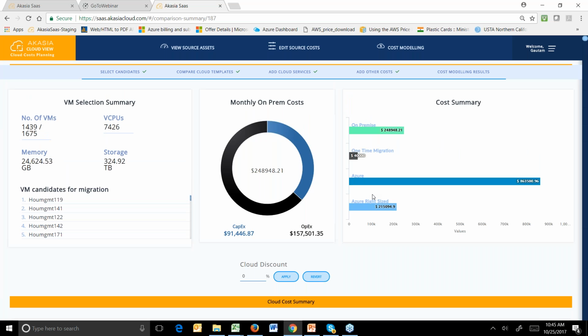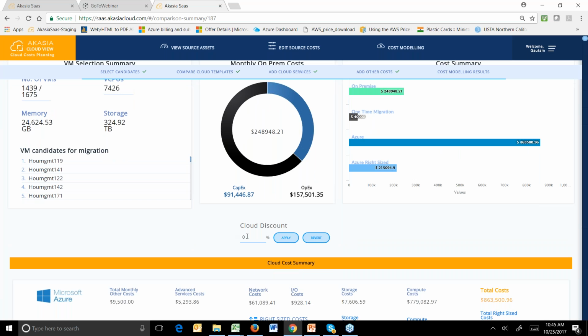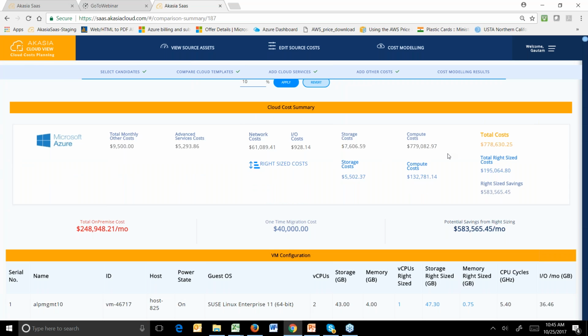Now, since you're talking to Microsoft and you are an existing Microsoft customer with an enterprise license agreement, you may be able to get, let's say, a 10% discount. You apply that here, and you will see those numbers change right away. So here's a summary of your Microsoft Azure environment.